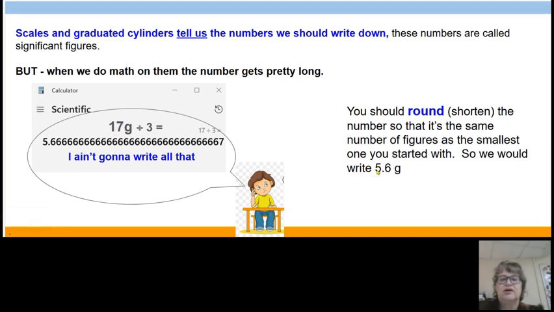So my answer is only going to have two numbers in it, the 5 and the 6. So I would write my answer as 5.6 grams. I don't write the whole thing. And if you're really savvy about rounding, you could write 5.7 grams.